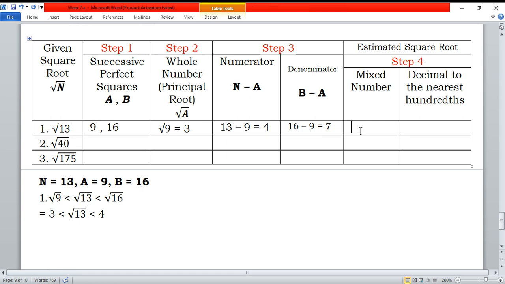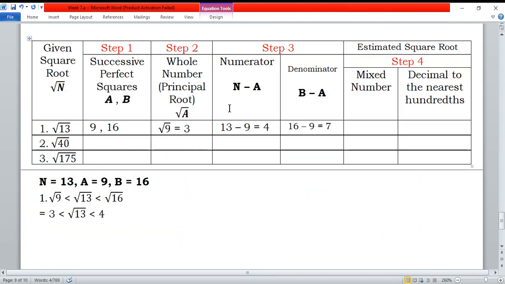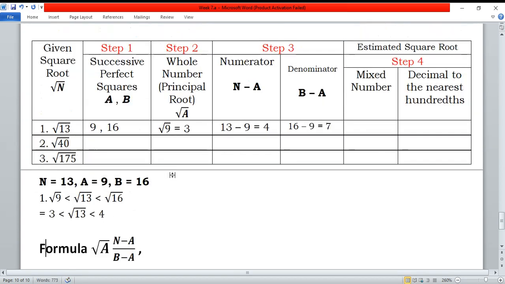Okay, ano naman yung mixed number natin? Ang mixed number natin ay ito. Paano natin kukunin to? Dapat maging ganito siya base dito sa formula. So, square root of A. What is square root of A? Square root of A is 3. So, 3 tayo dito. Tapos, meron tayong fractional part. N minus A, yung numerator. So, that's 4.